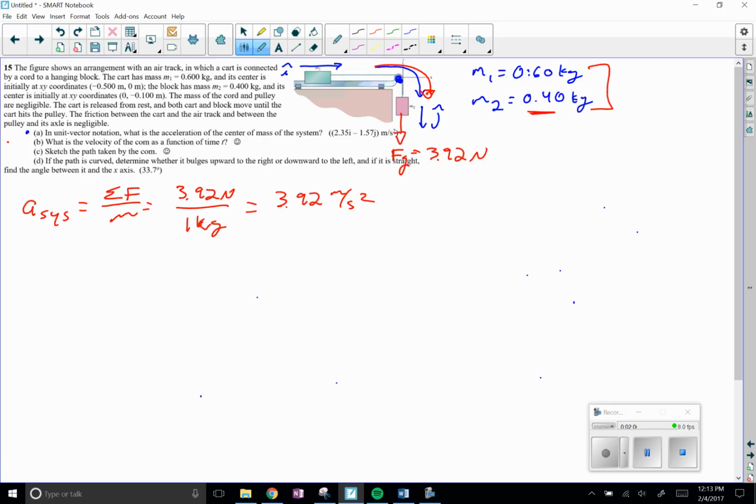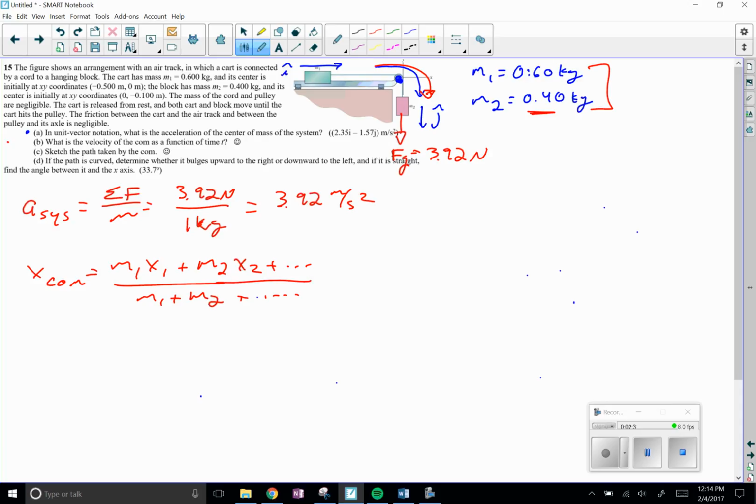So now we want to find the acceleration of the center of mass. In class, we learned how to find the position of the center of mass: by taking the mass of object 1 multiplied by the position of object 1, plus the mass of object 2 times the position of object 2, and dividing by the total mass, for however many objects you've got.